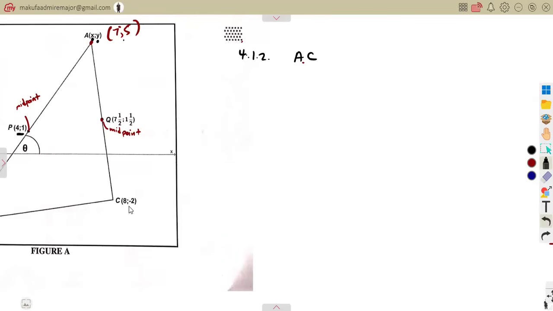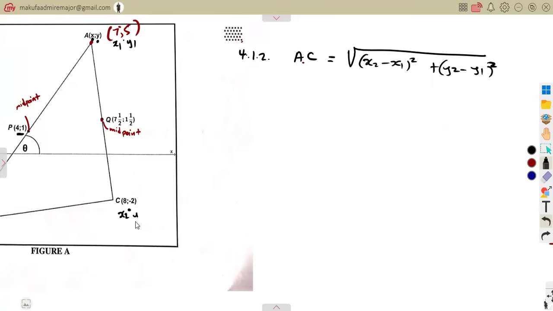We have the point A, the point C. So from that, it's going to be (x2 minus x1) squared plus (y2 minus y1) squared. This is in your hands. You can just name whatever you want, x1, y1, x2, y2.